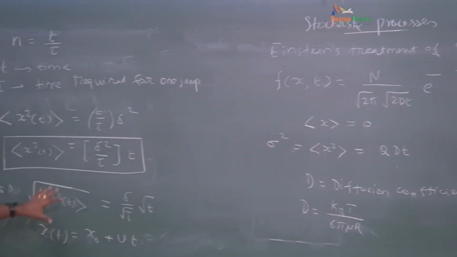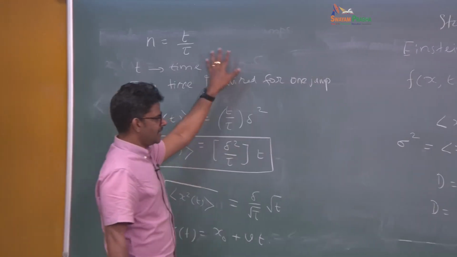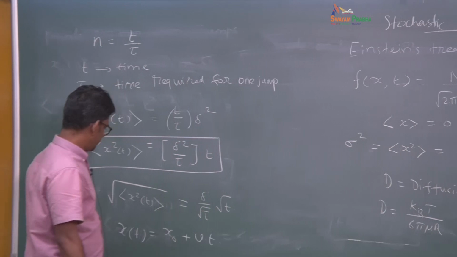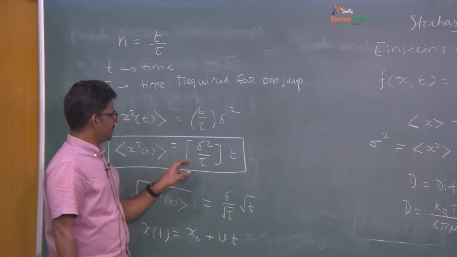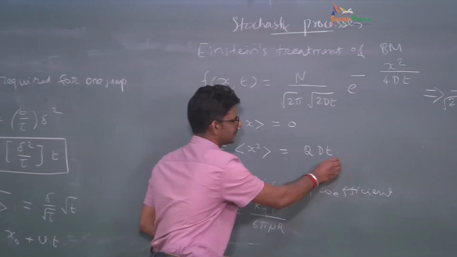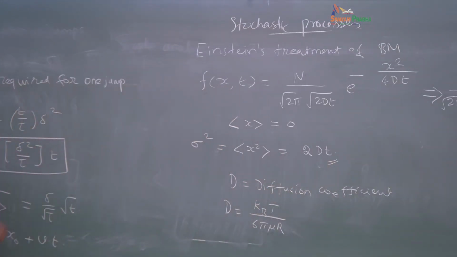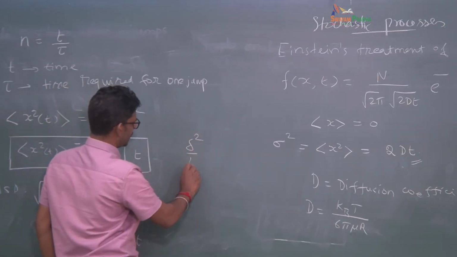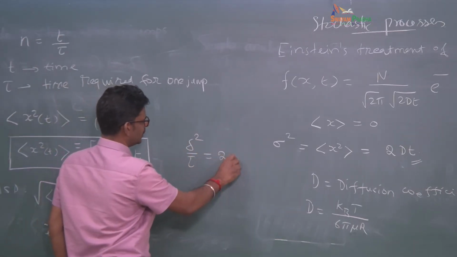Now if you come to this, we did predict in this one dimensional random walk that the mean is 0, and the mean square displacement we predicted to be proportional to t, and that is also the case here. And if you match the prefactor, what we have assumed here as delta square by tau is actually nothing but 2D.